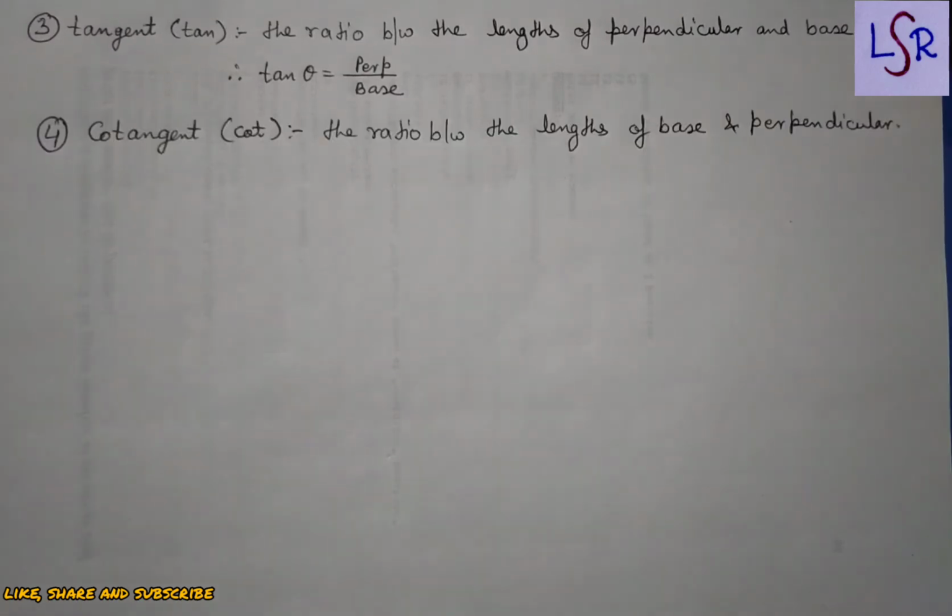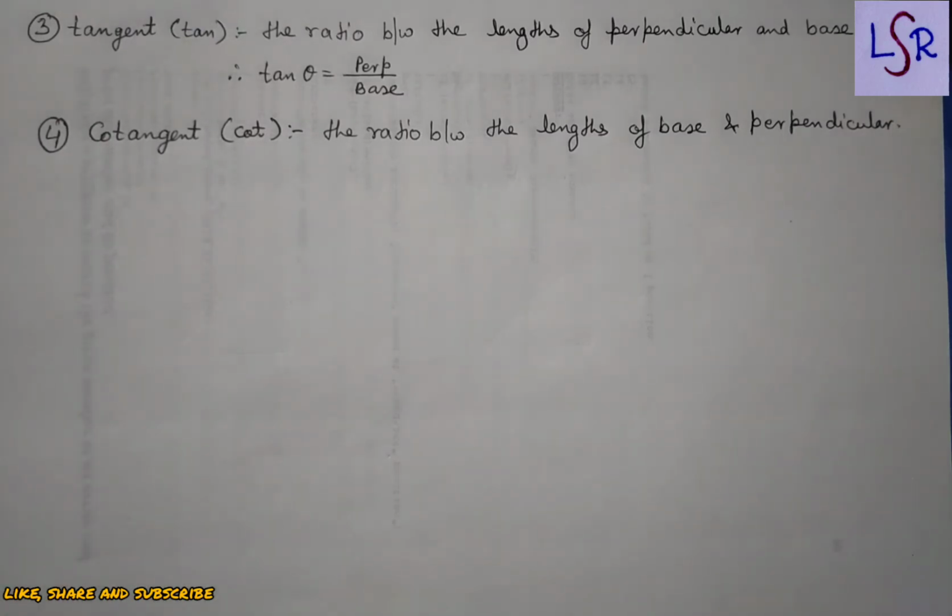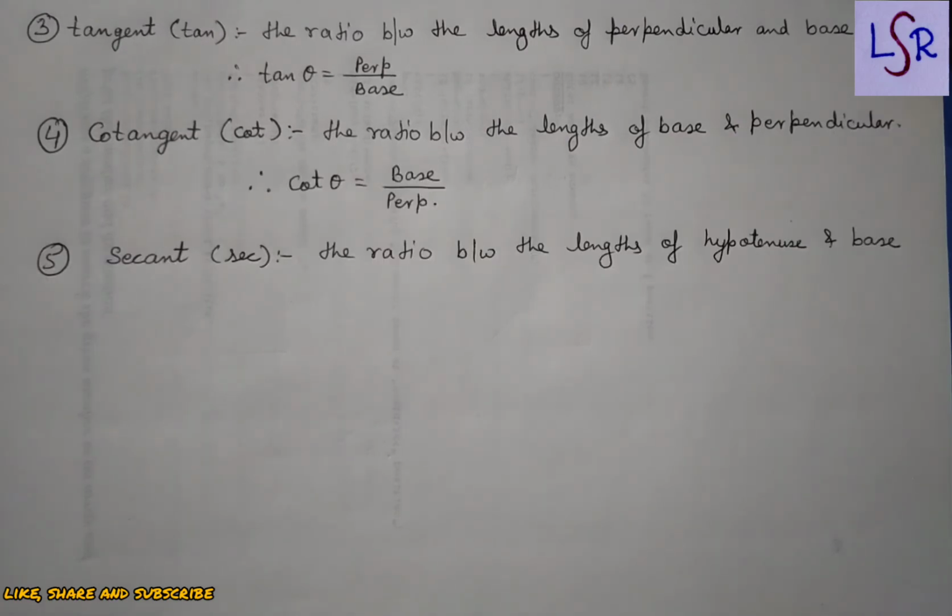Then the next one is cotangent, also called cot in short, and it is defined as the ratio between the lengths of base and perpendicular. We can also say that this is the reciprocal of tan. And the next one is secant, the ratio between the lengths of hypotenuse and the base.